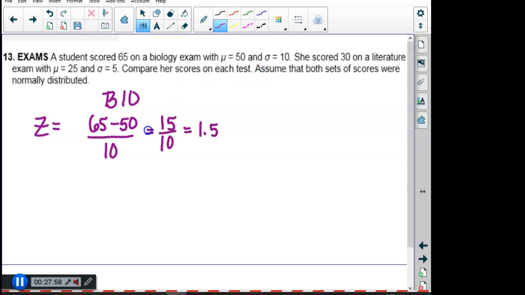So she was 1.5 standard deviations above the mean, above the norm or the average, okay? On her English test, was it English? Literature test? What? This is biology. Sorry. That was biology.